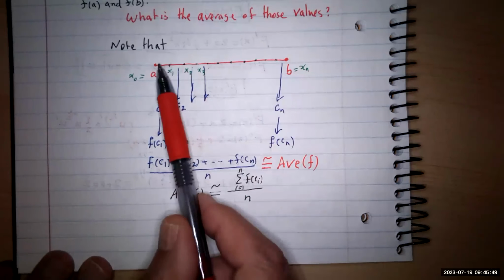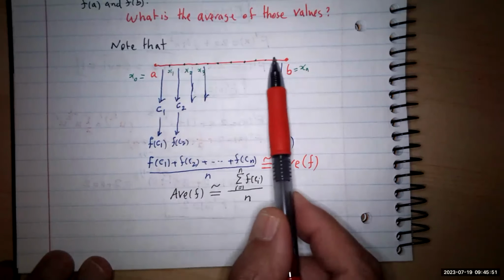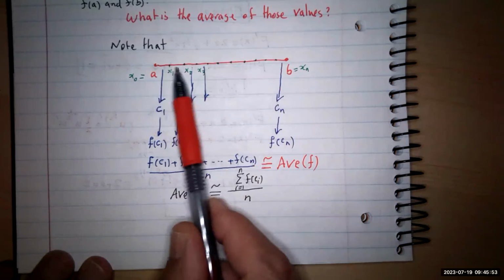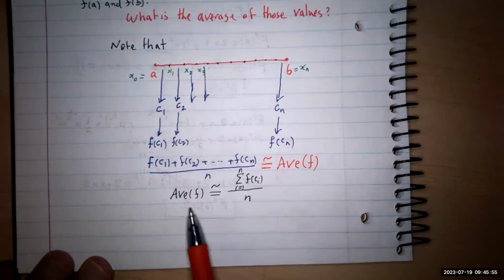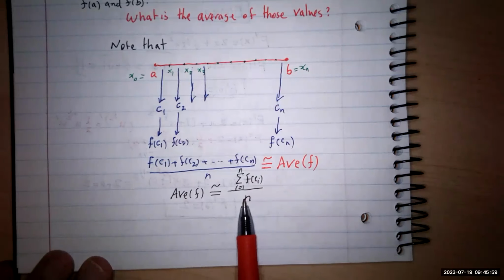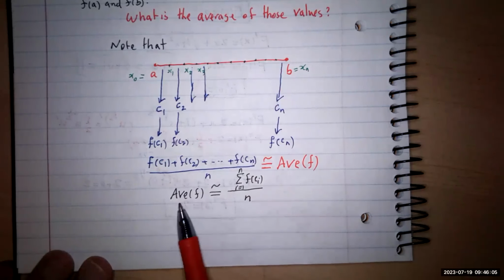To cover everything inside, you have to increase the number of partitions. In the language of calculus, this means n goes to infinity, which gives you the best value for your average.